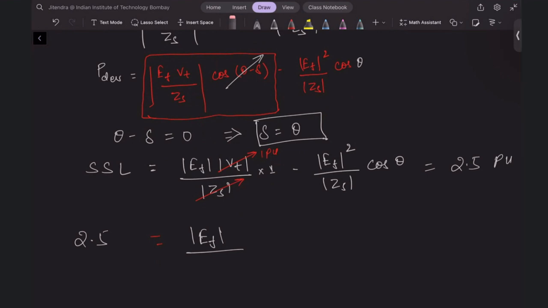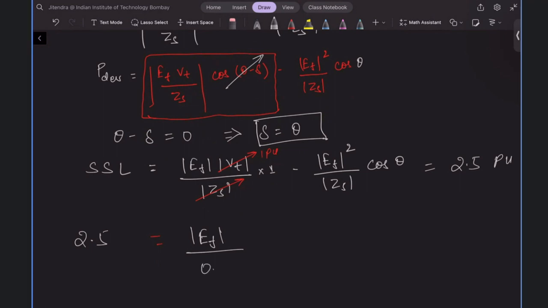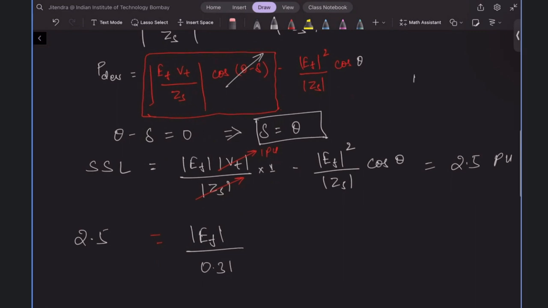Sir, magnitude is 0.31 and theta is 71. Okay, it is fine. Now, again, minus EF square by Zs, which is 0.31 and cos 71.